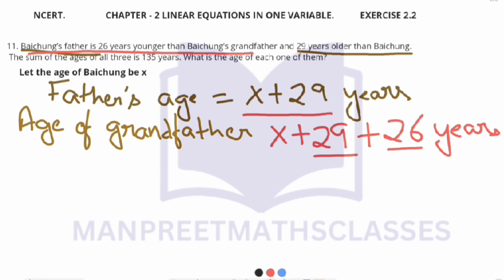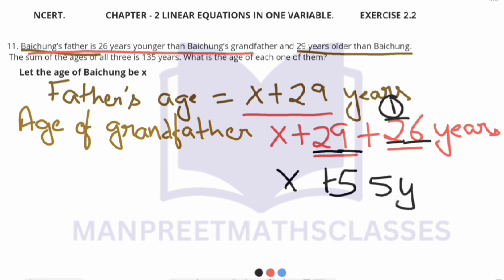So let's add them. 9 plus 6, 15, 5, 1 carry, 2, 3, 4, 5. So x plus 55 years is the age of his grandfather. Now we have all three ages. Baichung's age is x, his father's age is x plus 29, and his grandfather's age is x plus 55. Now next, what is given in the question?